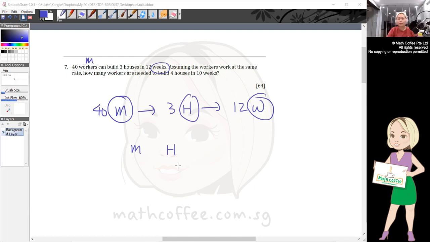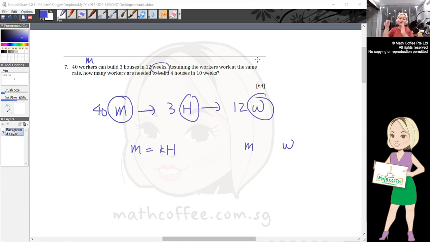So it's direct proportion. In this case, M equals KH, side by side, direct proportion. Now, men and weeks. When you have more men, do you take more weeks or fewer weeks to complete building the same number of houses?